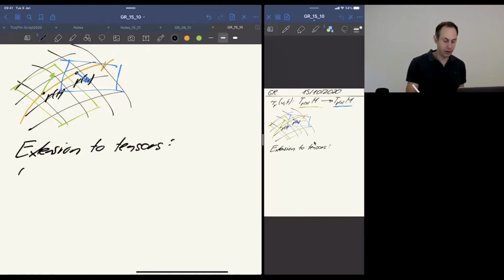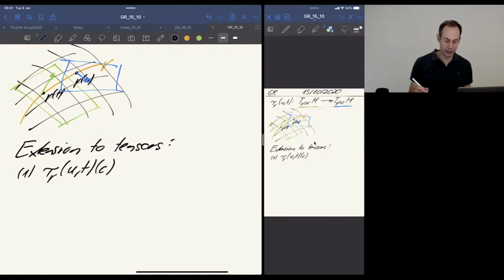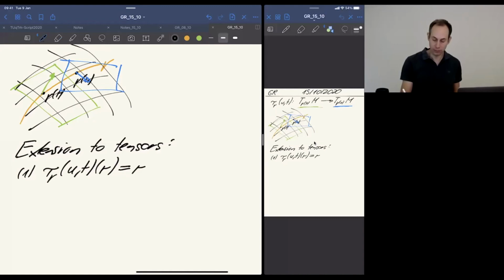The first part of the rule actually talks about an even simpler object than vectors, namely scalars, or 0-0 tensors. So let's take a 0-0 tensor. A 0-0 tensor is just a real number. Let me call it r. The point is, if this real number is mapped, it is not changed. So that's just r maps to r.